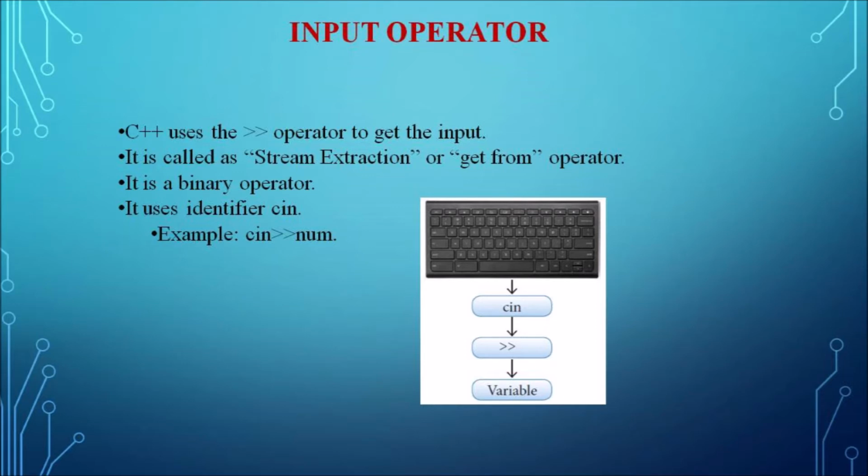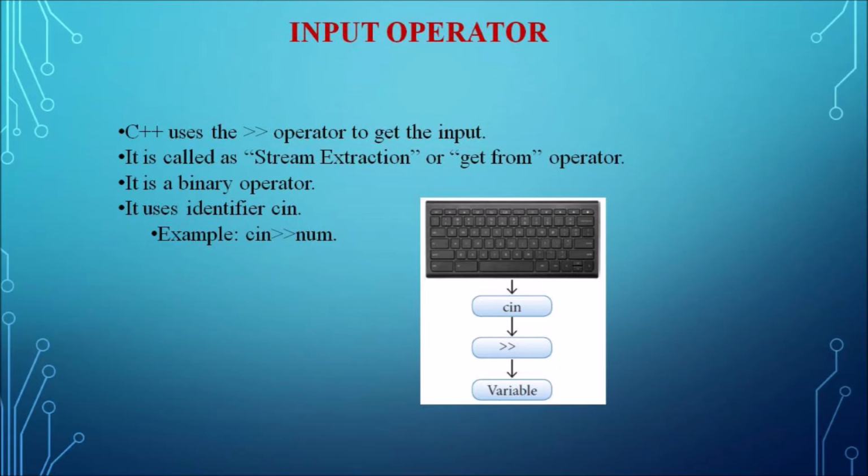It is a binary operator. Here you see in the diagram it has two operands: one before the symbol and the other after the symbol. The first one is a predefined identifier with a predefined function, pronounced cin.